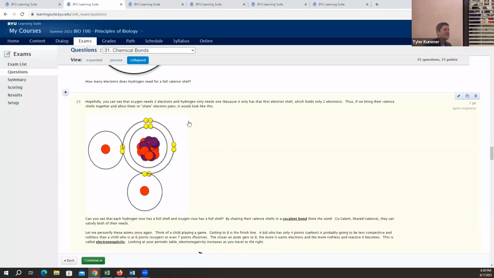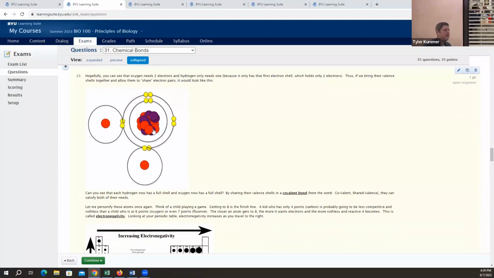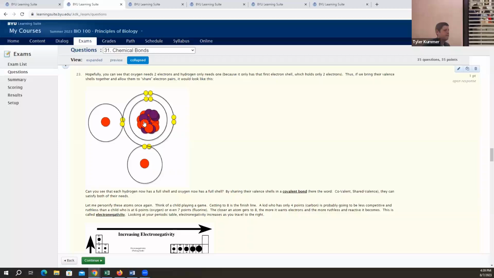There's a positive end and a negative end of this molecule that we call water. Now that is still a covalent bond, but because they're not sharing those electrons equally, that's a polar covalent bond, creating magnetic poles, not really magnetic, but an electrical charge on each end.